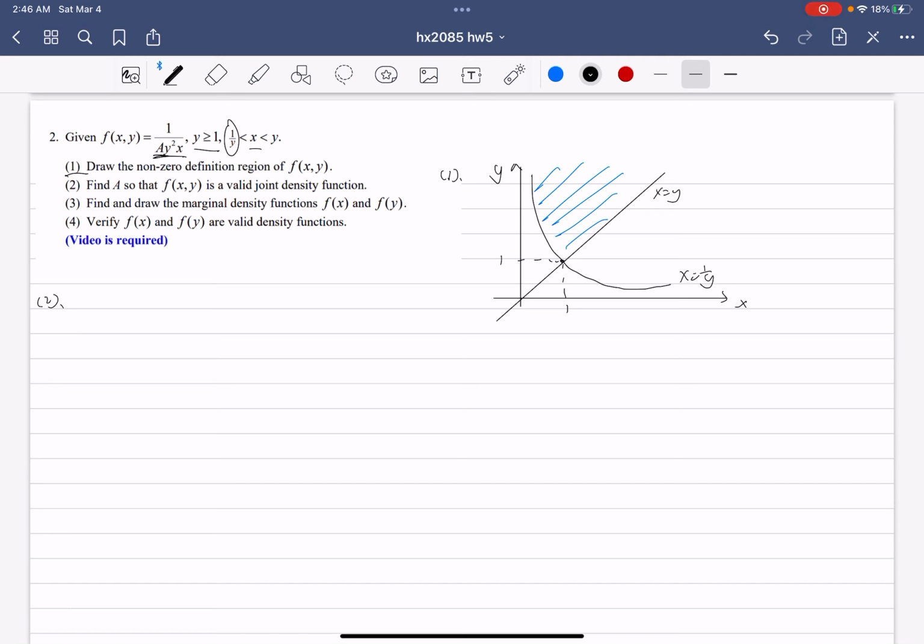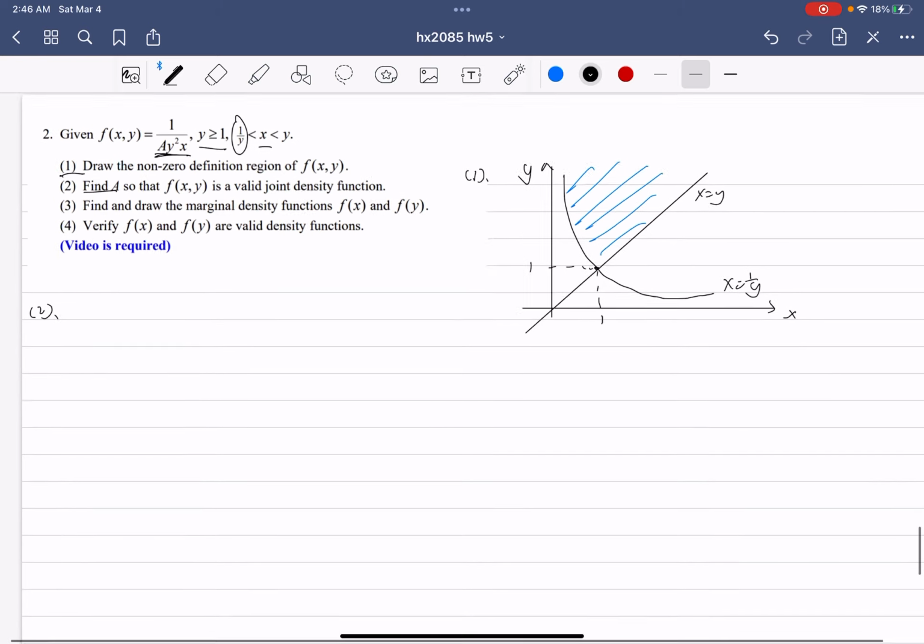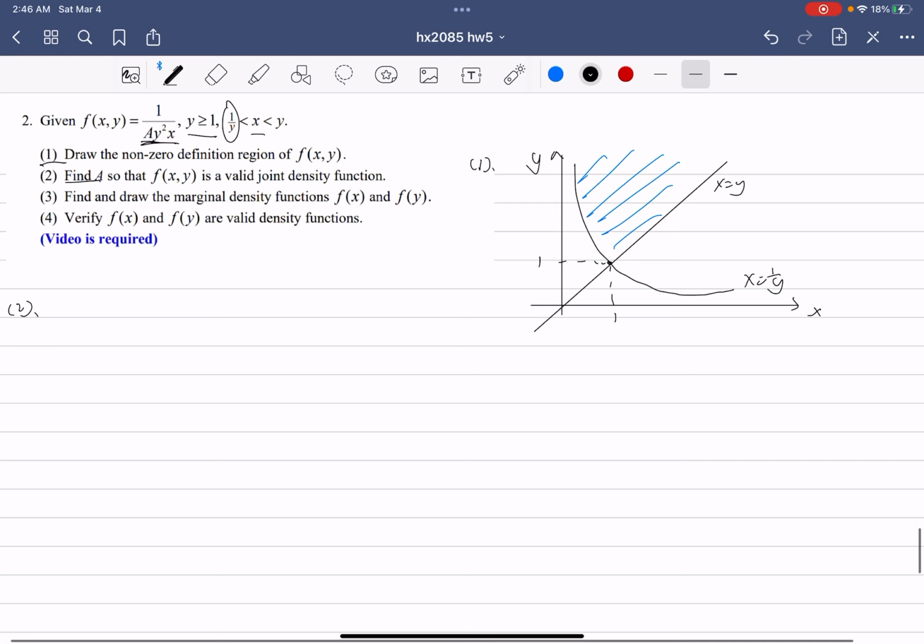The second part is to find a so that the function is a valid joint density function. The function is 1 divided by a times y squared times x.